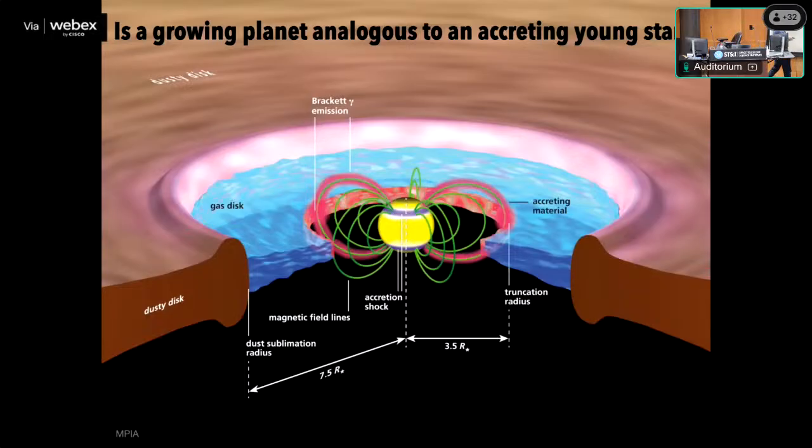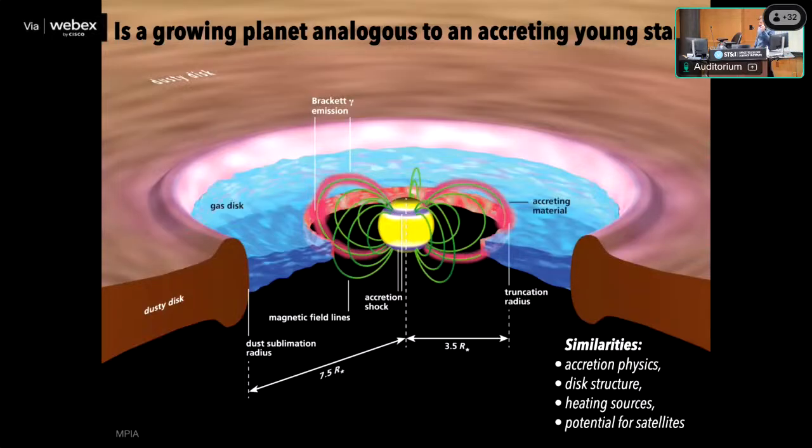Ionized gas will fall along funnel flows and will produce a shock onto the surface of the star. And this shock will tend to radiate UV wavelengths through recombination line emission. And then there'll be an excess at longer wavelengths from the warm disk itself.